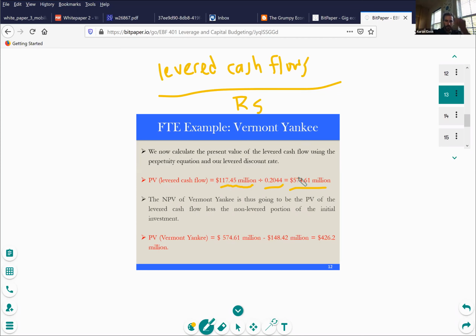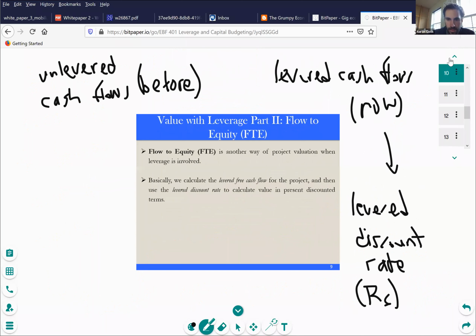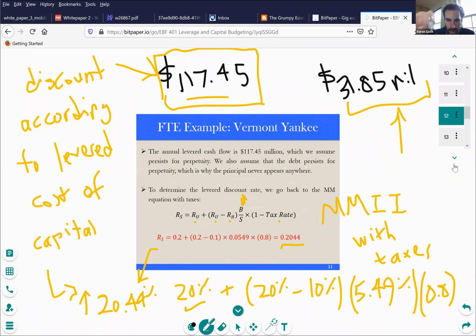Now we've already discounted them, but we have to subtract off the investment cost. Remember, the investment cost was 180 million. That's the initial outlay to purchase that asset. But if you remember our assumption that the debt was held in perpetuity, we never actually paid off that debt. I discussed that mainly on this slide. This 31.58 million of borrowing, we never pay back that principal in this case.